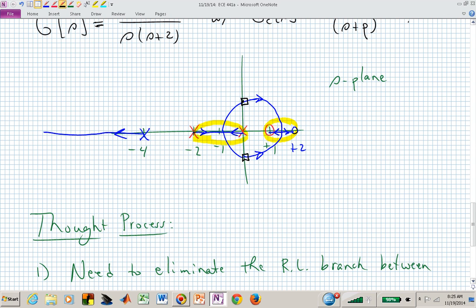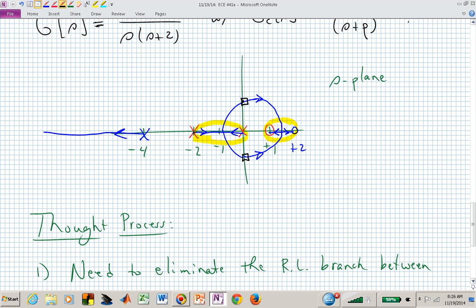We have, I think, let me look. We have 2 zeros. We have an angle from each of those, and we have 3 poles. And we would compute the angle from each of those to the rectangular box. Is that clear? The angle from +2 to that point would be what? 140 degrees, just eyeballing.